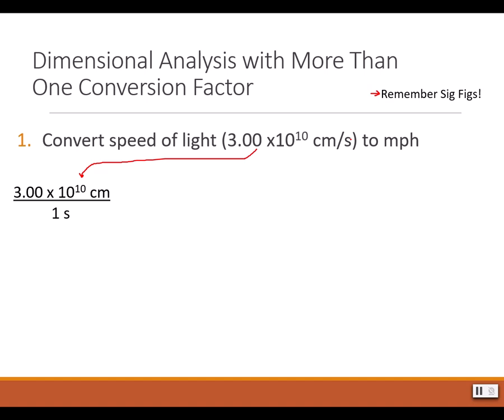So I have rewritten my given to clearly show that the 1 second is in the denominator, and the 3.00 times 10 to the 10 centimeters is in the numerator.